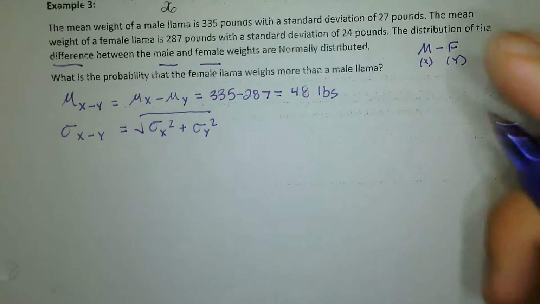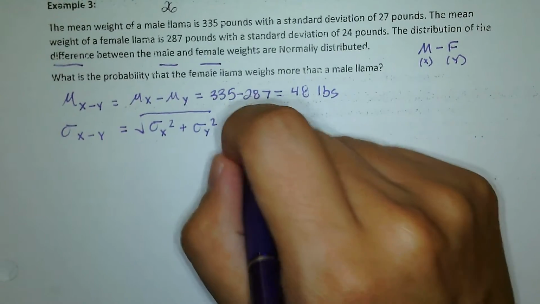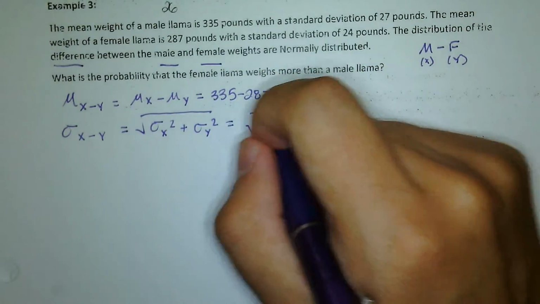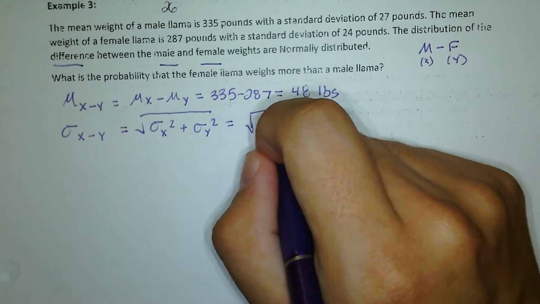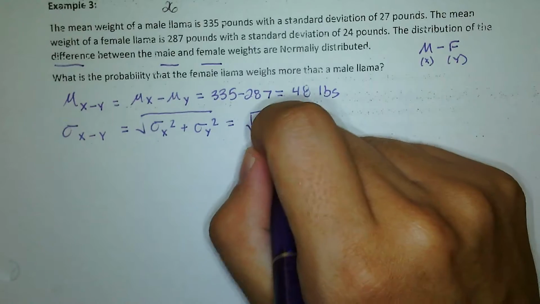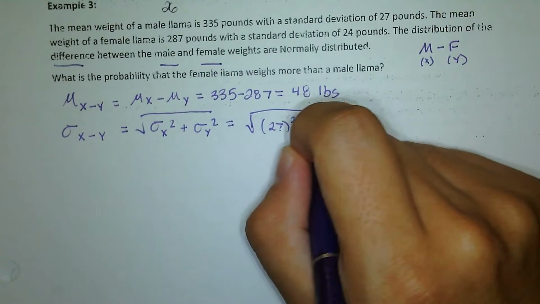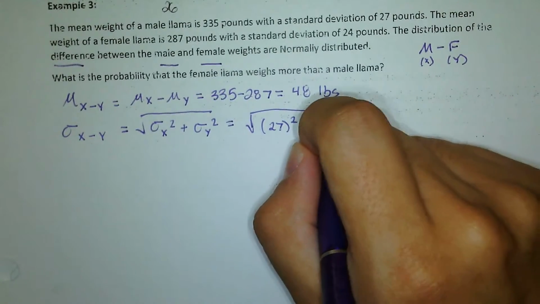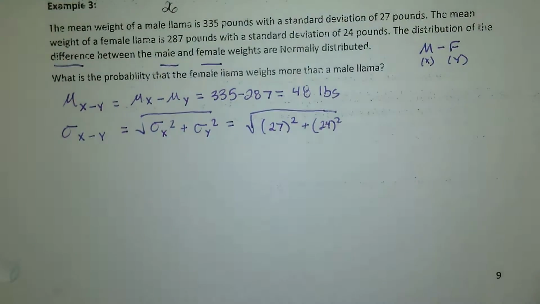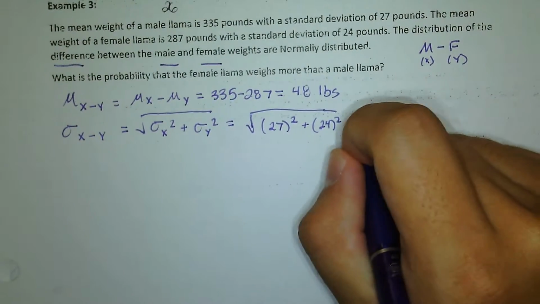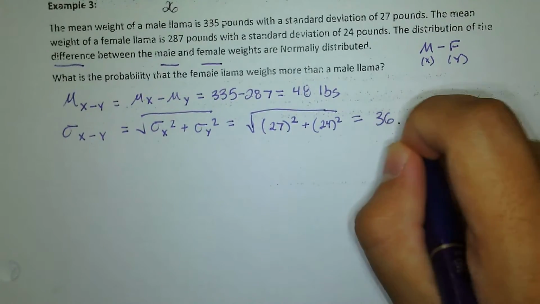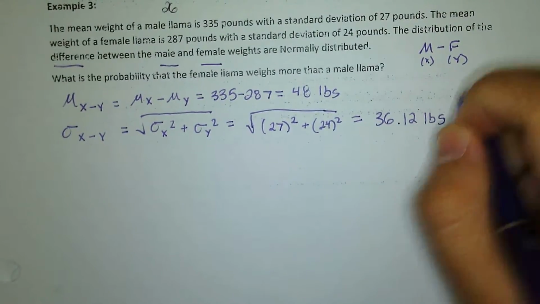That's why we have this radical here to account for that positive value. So let's take our standard deviations here. Let's find our variances. And remember, to find the variance, you square the standard deviation. So we'd add those squares, take the square root, and we'd get an approximate standard deviation of 36.12 pounds.